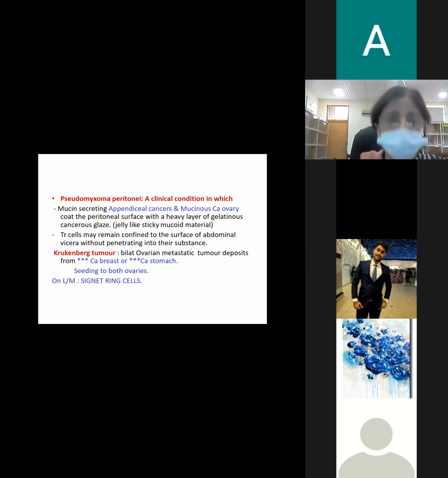Yes, ma'am. अच्छा अच्छा. The second important term which you should know is the Krukenberg. Now Krukenberg tumors, they are invariably bilateral. Bilateral means दोनों तरफ होंगे, and they are bilateral ovarian metastatic deposits. Bilateral ovarian tumors हैं and they are metastatic deposits. ये ओवरी के अंदर metastatic deposits हैं from cancer of the breast or from cancer of the stomach.